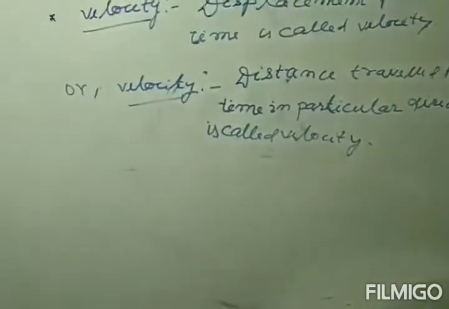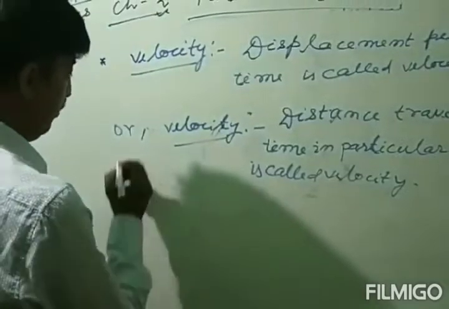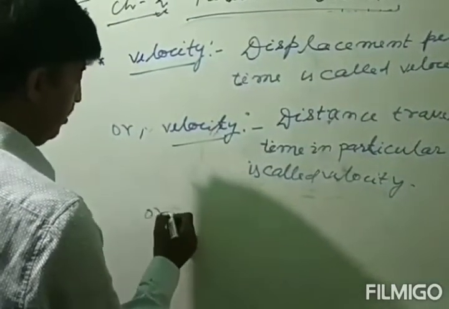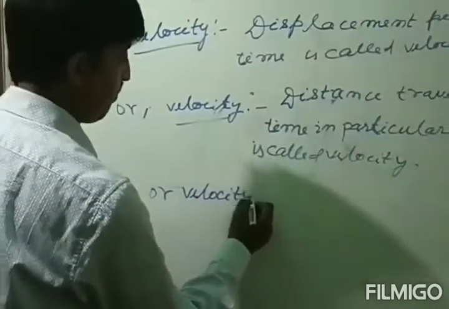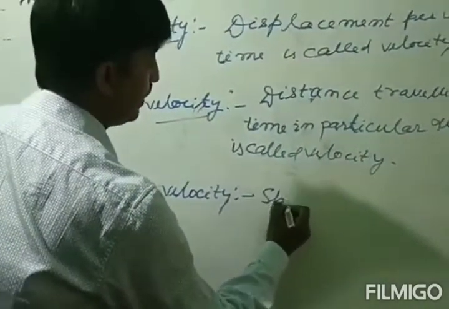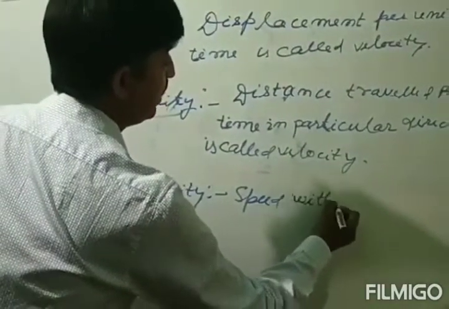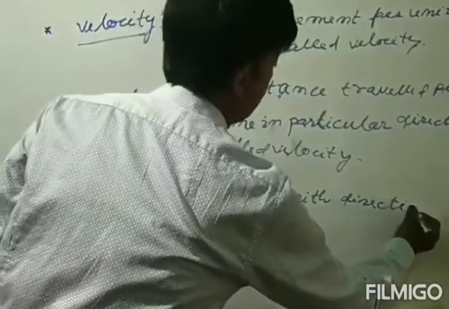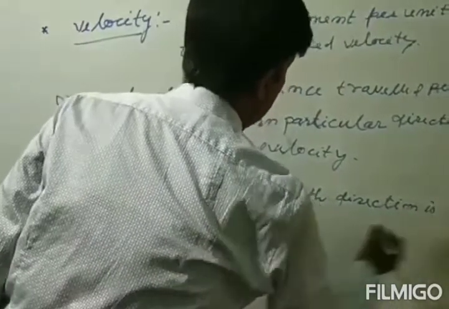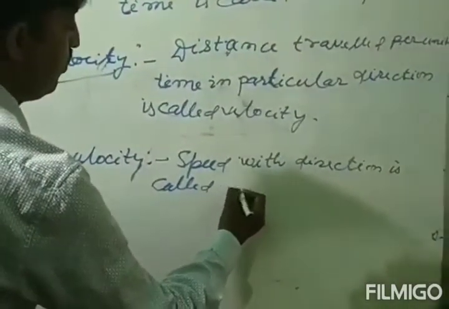Or, another definition of velocity is speed with direction. Speed with direction is called velocity.